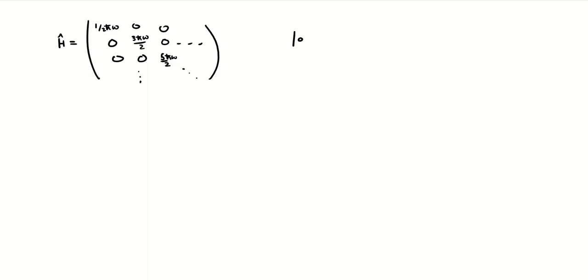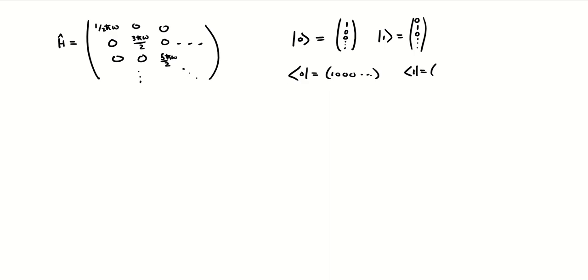Our eigenvectors in their own basis are just unit vectors. So they're going to look like this. And the eigenbras are just the corresponding row vectors.